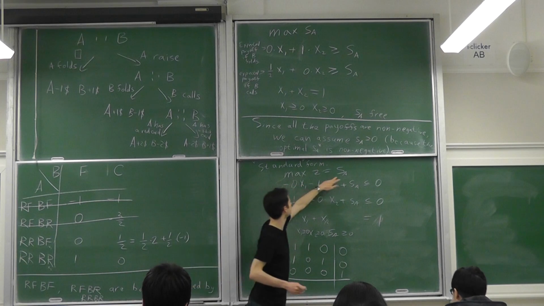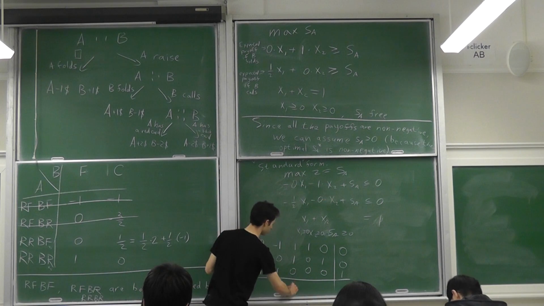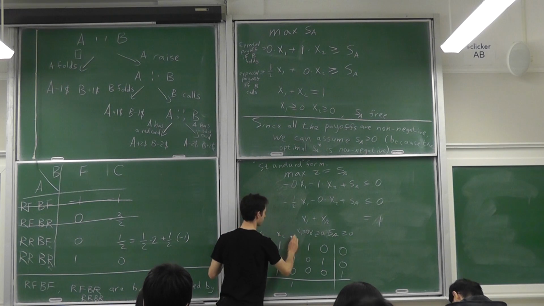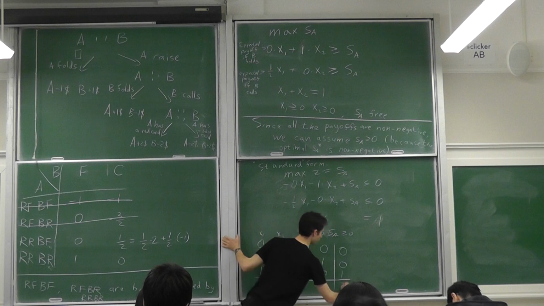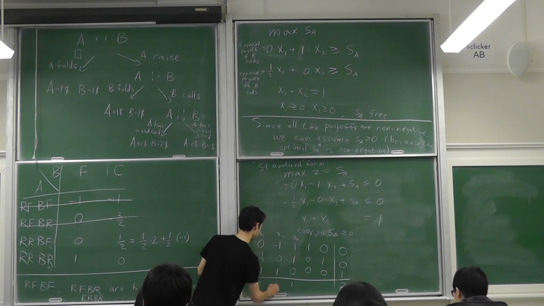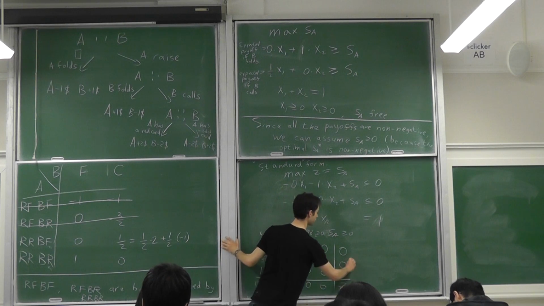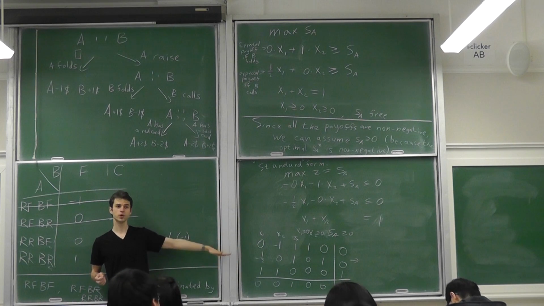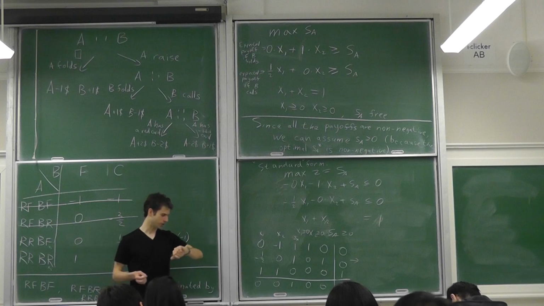And finally, I want to maximize something which is just SA, so a coefficient of 1 right here. And this something is there. So that's the table.